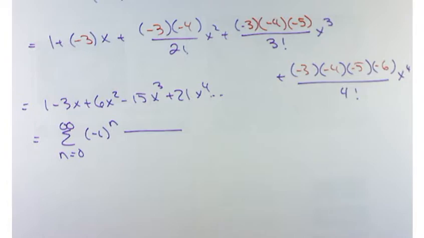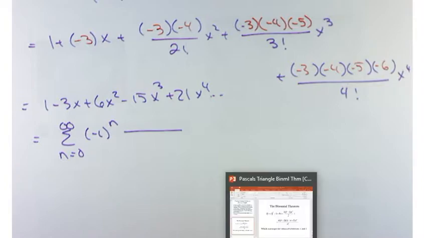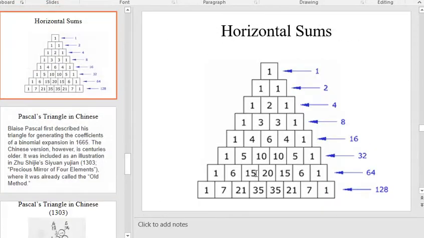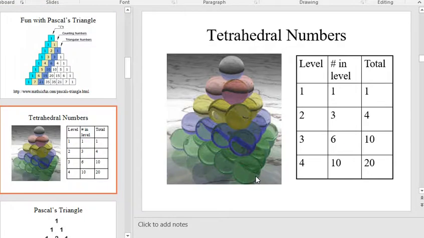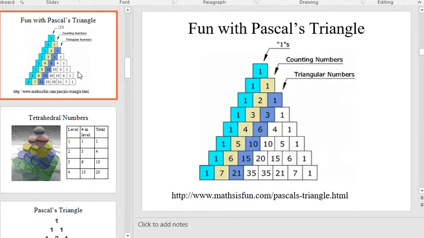No, are those the triangular numbers? No, maybe not. Tetrahedral numbers? Maybe. Yeah, one of them. Got myself curious here. Let me look back. Let's see. There we go. So 1, 3, 6. Yeah, they are.